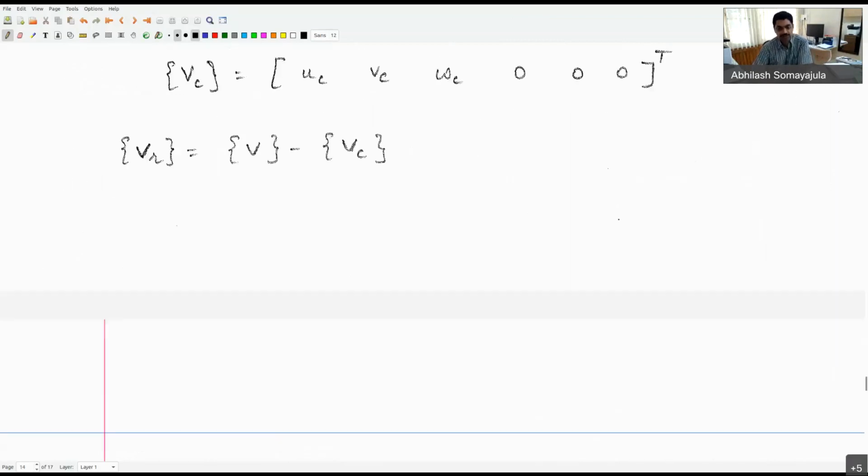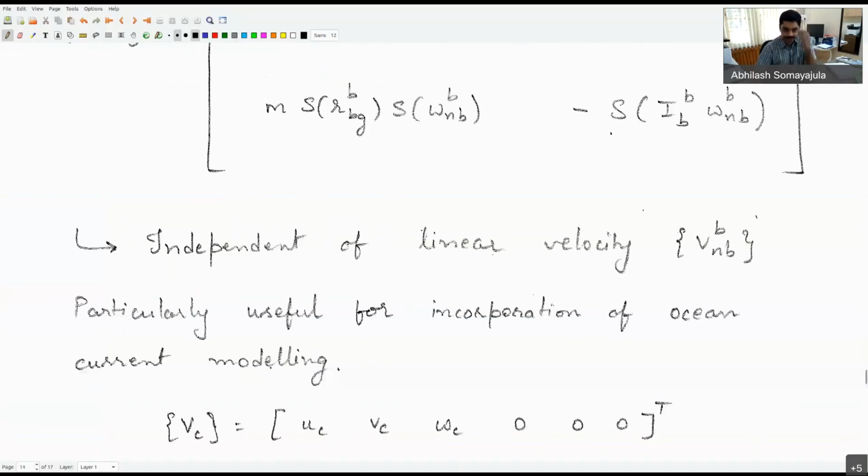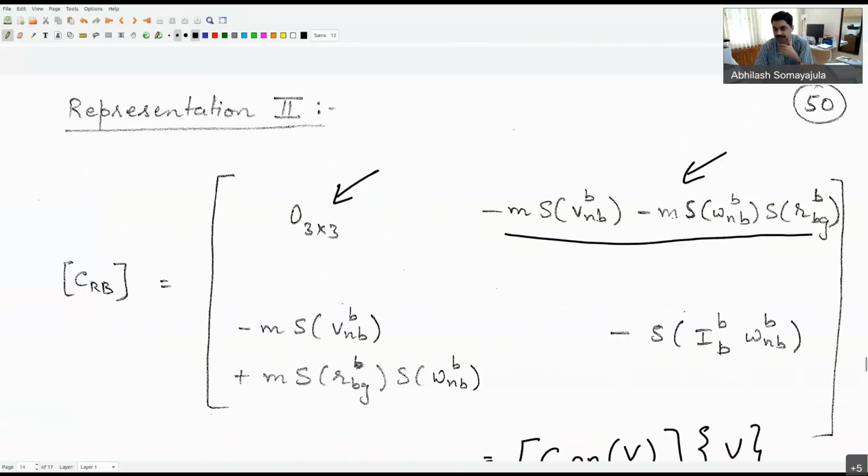But when it comes to this, we will have minus m times S of v_nb^b times omega_nb^b. So let's write that down. We'll have minus m times S of v_nb^b times omega_nb^b. And then the next term will be minus m times this whole thing multiplied by omega_nb^b.